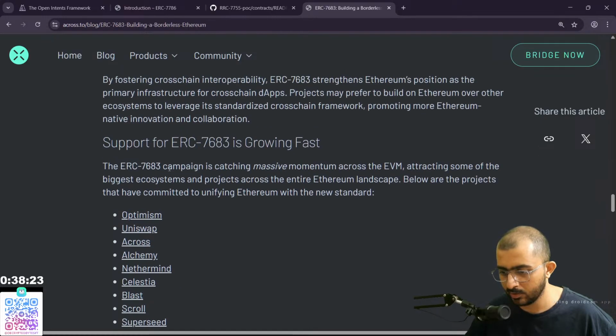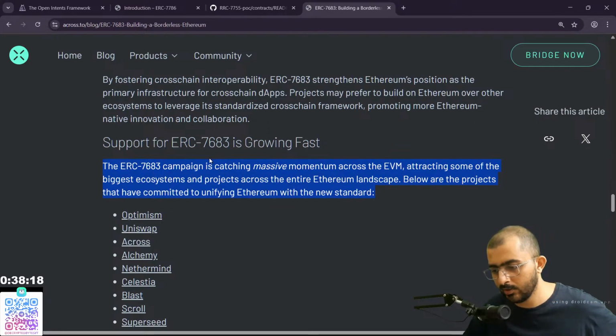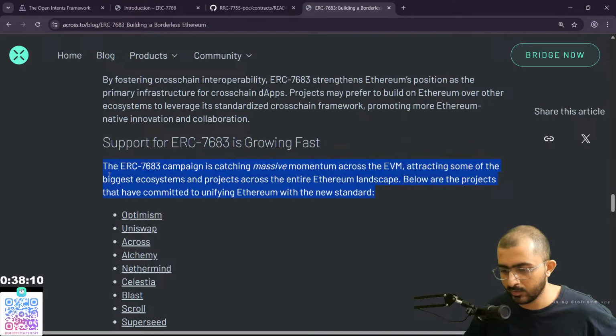Support for ERC-7683 is growing fast. The campaign is catching massive momentum across EVM, attracting some of the biggest ecosystem projects across the entire Ethereum landscape.